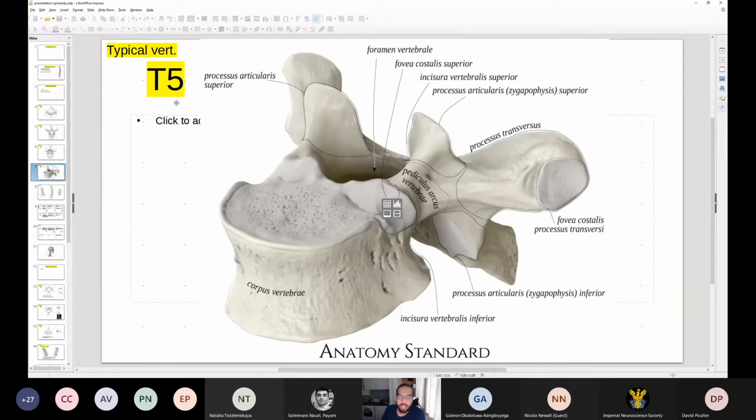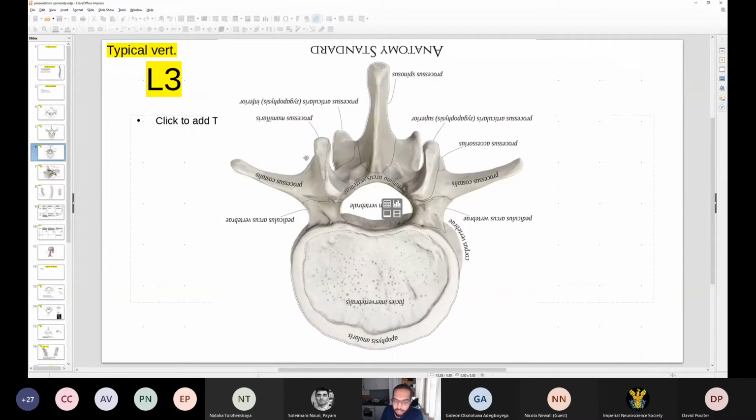So this is again a typical vertebra. However, you've noticed that we didn't speak about the third type of process that we have in the vertebrae, which is the articular processes. So we talked about the spinous process and we talked about the transverse process. However, that's because the articular processes are difficult to appreciate in an axial view. So this is an axial view.